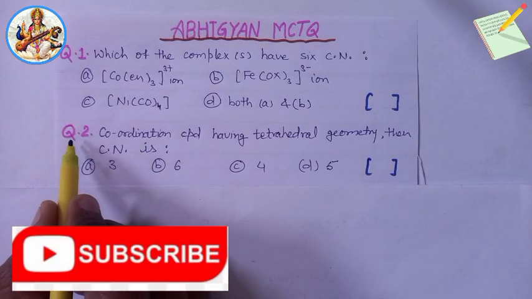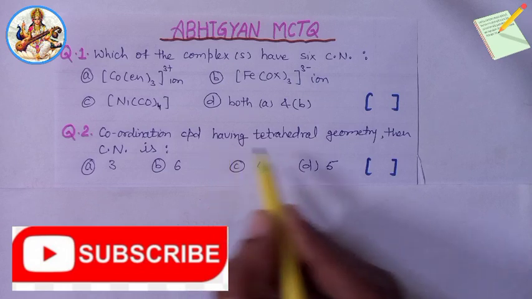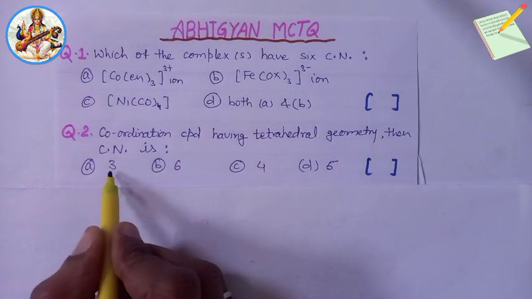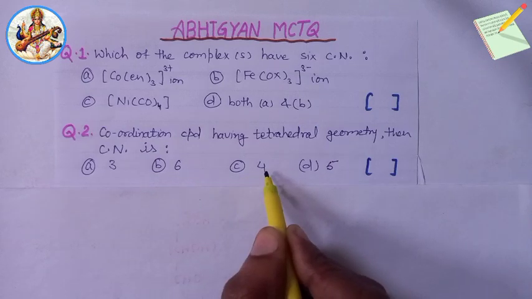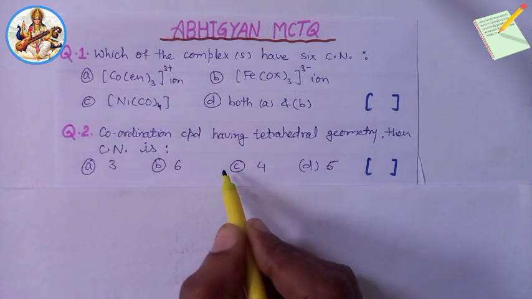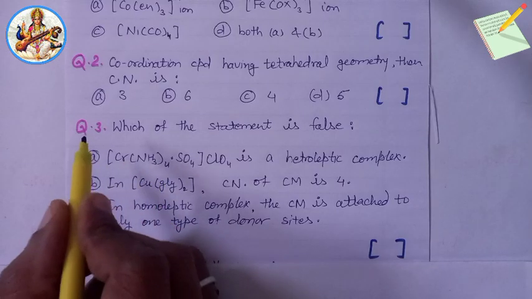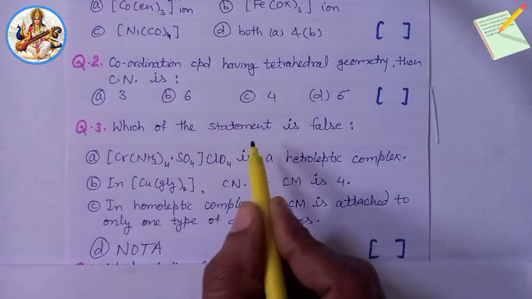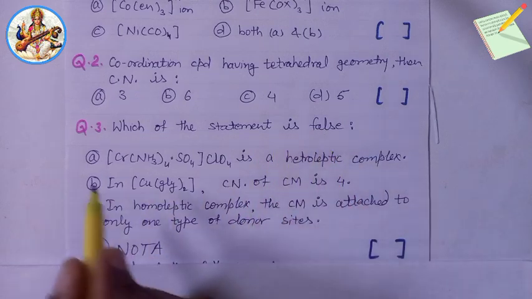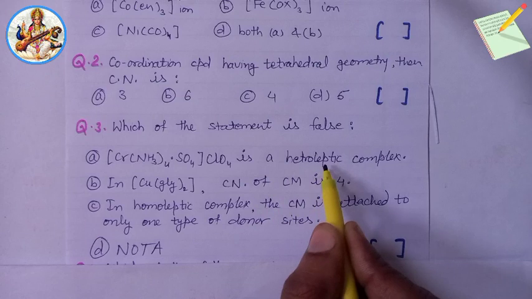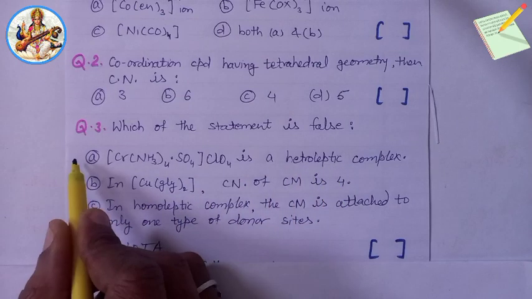Now next, question second: a coordination compound having tetrahedral geometry, then the coordination number is 3, 6, 4, 5. The answer will be option C, 4. Now next, third question. Which of the statements is false? A. The complex is a heteroleptic complex.